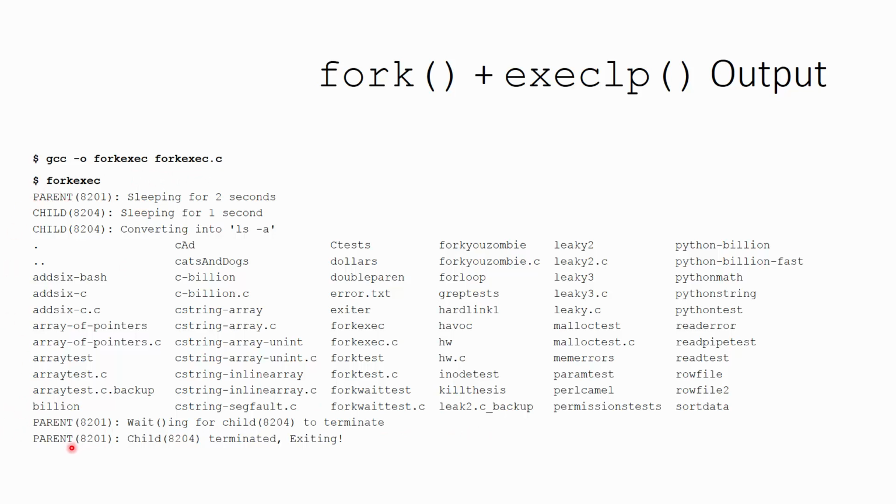In any event, when the child finally terminates, the parent knows about it, wakes up and says that its child, 8204, remember the parent's 8201, terminated, and then the parent itself exits. So a complete example for showing how execlp and the parent are able to fork off a new process which then execs into something different, and having the parent clean it up.